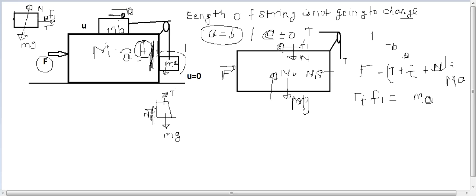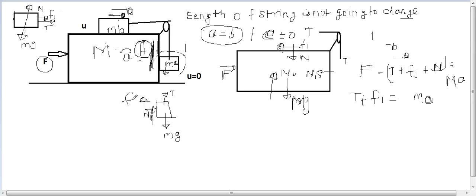What should be the friction? If F is very high, then the acceleration along this is very high, so T will be high and this will be high. We will determine this friction later. Let's suppose it will be in this direction.